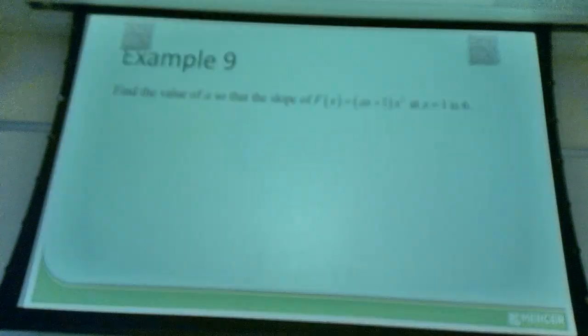Similarly, we want a value of a so that the slope at 1 is 6. Do I want to use the product rule? Not really. But I probably should, just so that we get used to it. F prime, using the product rule: x squared times the derivative of the first function, which is what? Plus x plus 1 times the derivative of x squared.